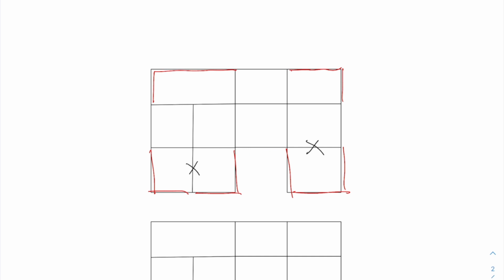At the top, you have to go down, because then you won't be able to touch the vertices. I'm trying to reason based on this picture so far. The right side, you have to connect.